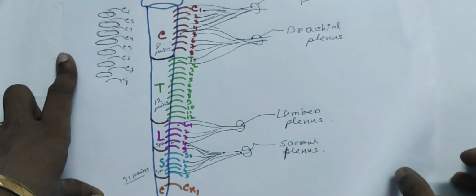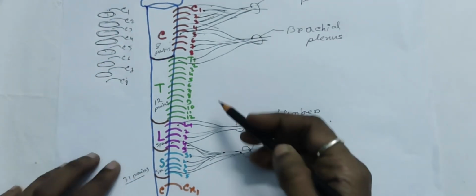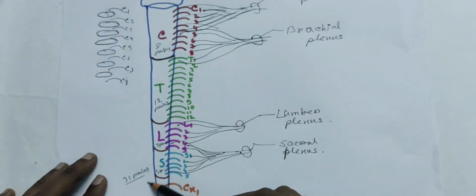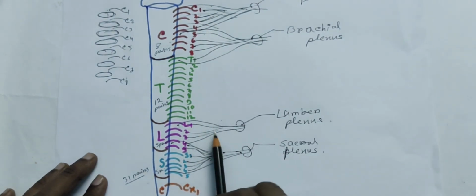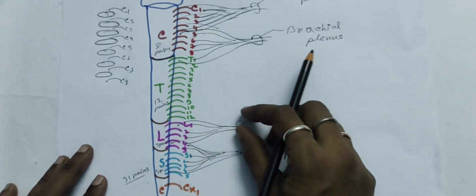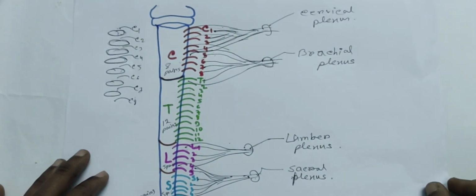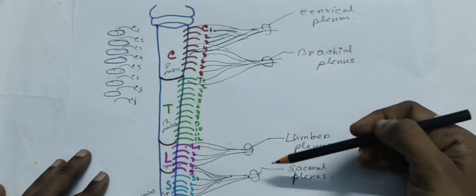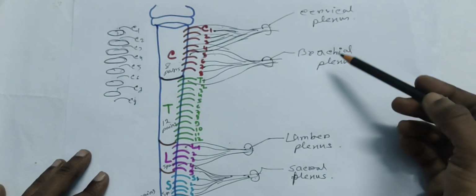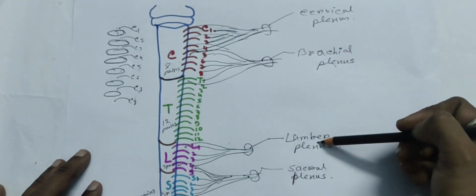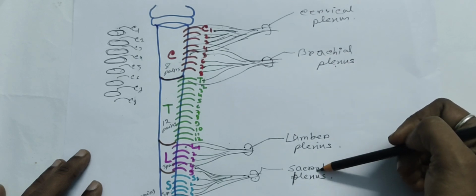So these are all spinal nerves. 31 pairs of spinal nerves are there, and some regions form a bundle, that is called a plexus. There are 4 plexuses for the spinal nerves: cervical plexus, brachial plexus, lumbar plexus and sacral plexus.